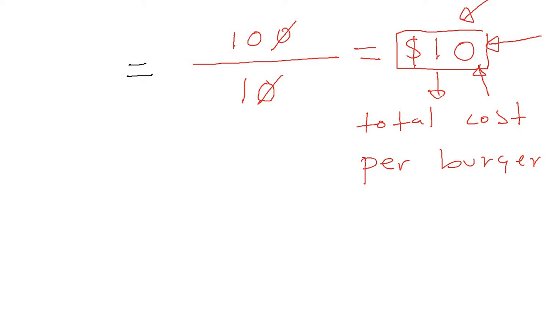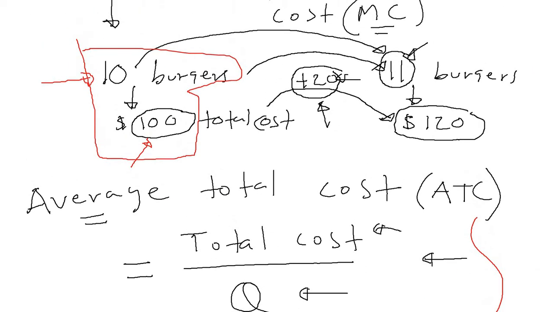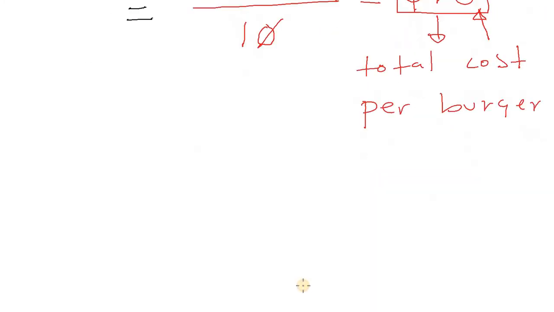As you can see, it's slightly different from marginal cost. And if you want to calculate the average total cost here, you can do that. You might need a calculator for that.